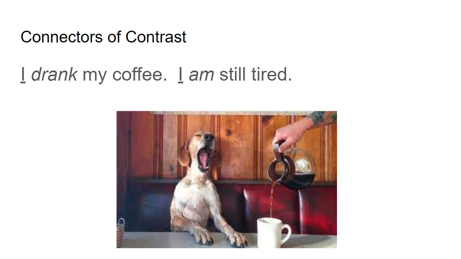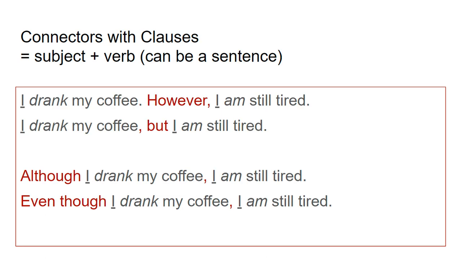So how can I join these sentences together? If you want to, you can stop the video, take out a paper and pencil, and write down all the ways you could join these together with your connectors. Okay, here we go. If we are joining two clauses, we can use however.